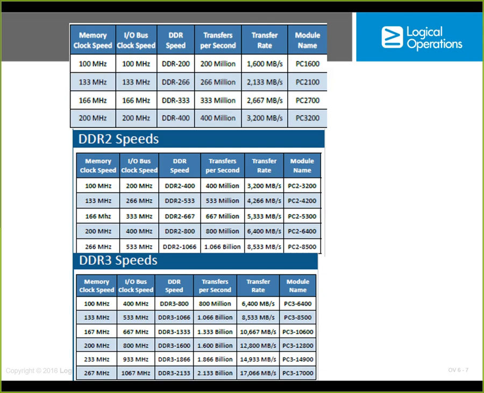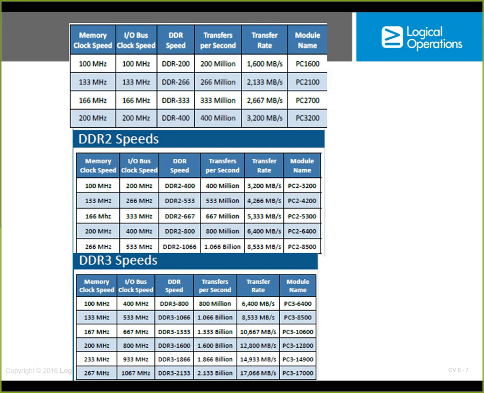The DDR speed, DDR-200. Transfers per second, 200 million. Transfer rate, you use 8 times the transfer rate, 8 bits to get bytes. So the transfer is going to be 1600 megabytes per second, and it'll be called PC1600.